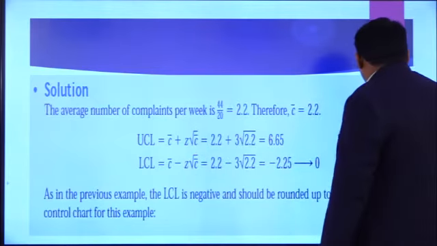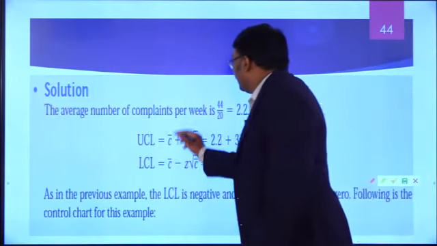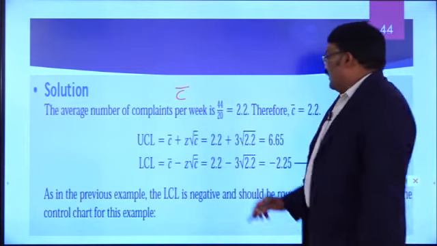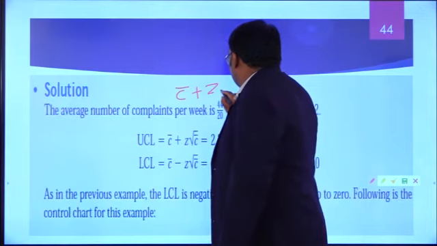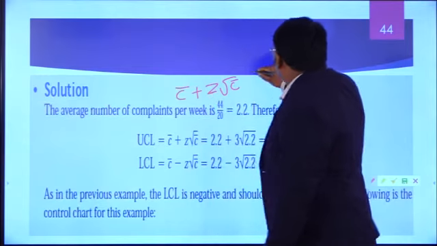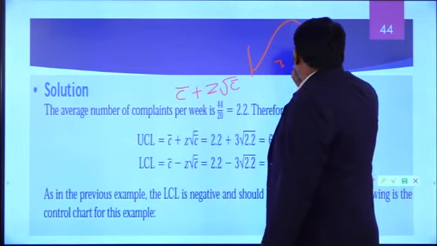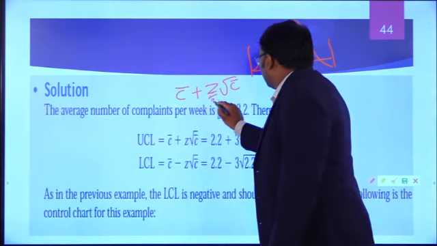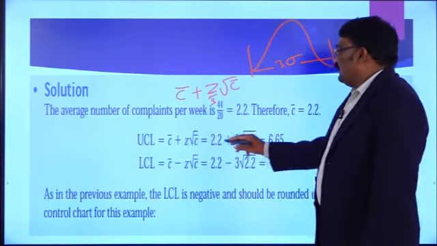The C chart formula has been given here. C bar is the center of the C chart, and the upper control limit is C bar plus Z root of C bar. Z is nothing but the 3 sigma level, so instead of Z we can also write 3. Now, what C bar value have we got?